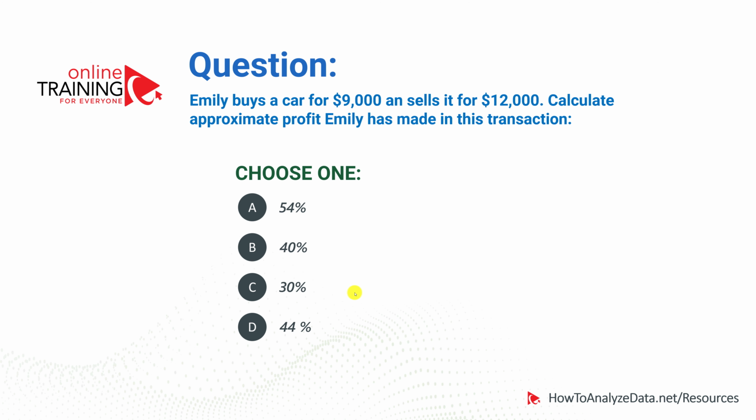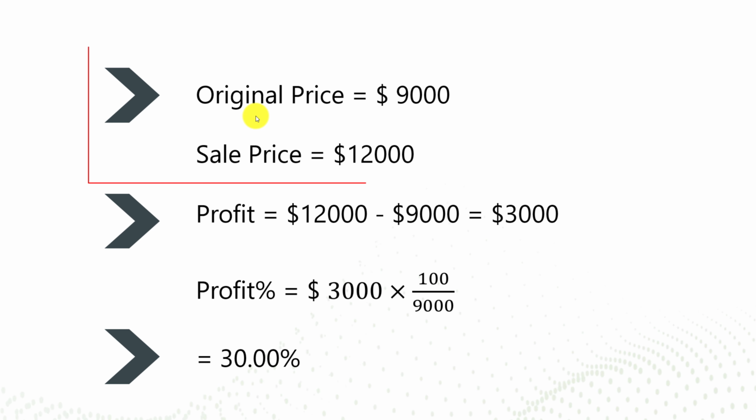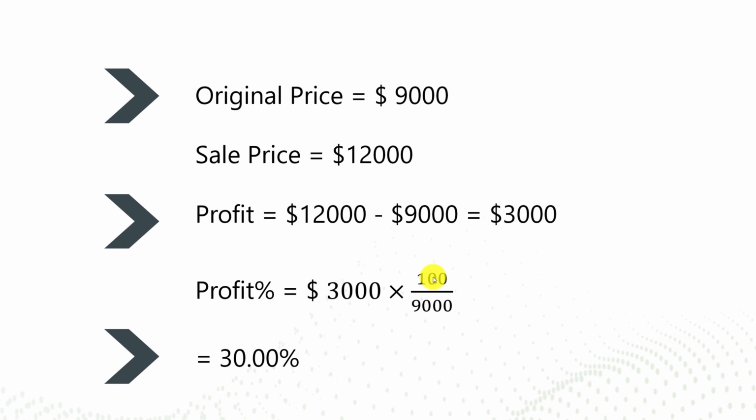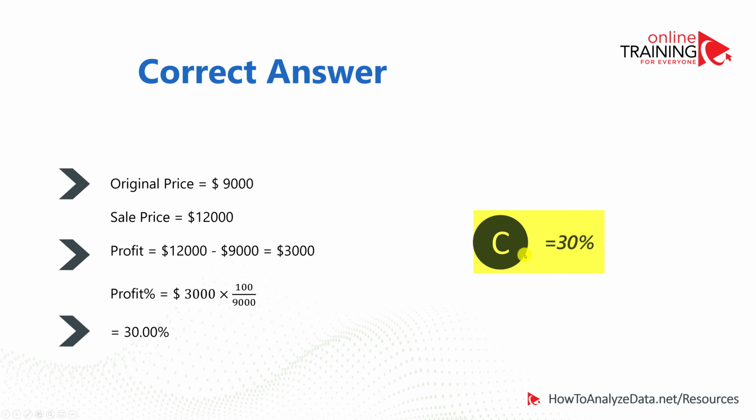So choice C is correct. Let's recap. Original price for the vehicle was $9,000. Sale price was $12,000. Profit is $3,000 and is calculated as $12,000 minus $9,000. The profit percentage is calculated as $3,000 divided by $9,000 and multiplied by 100, and is equivalent to 30%. So choice C is correct.